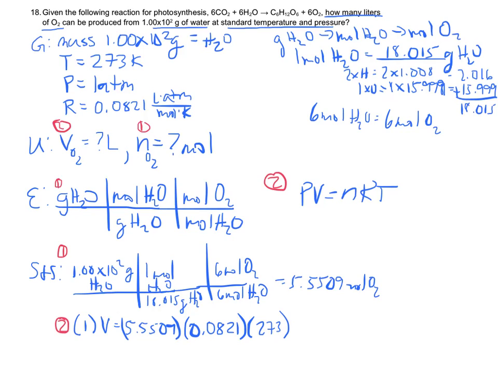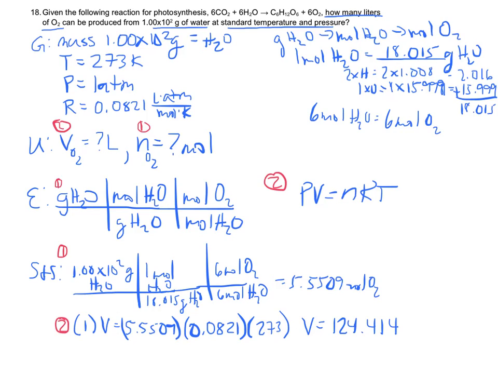So really all we have to do is just multiply these numbers together. So 5.5509 times 0.0821 times 273. Okay, that gives us a volume of 124.414.